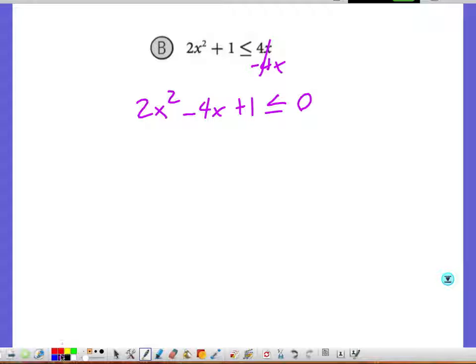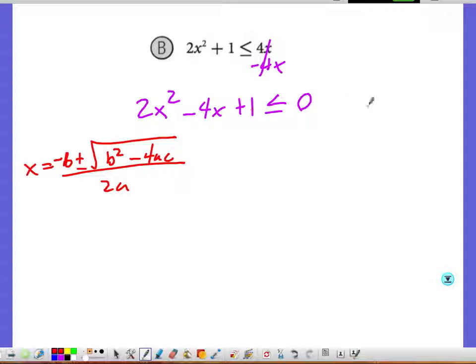Now, in this case, we're going to use the quadratic formula. So the quadratic formula, remember, is x is equal to negative b plus or minus the square root of b squared minus 4ac all over 2a. Alright. Now, in order to use the quadratic formula, the first thing I need to do is find a, b, and c. A is going to be the coefficient of x squared, which is 2.